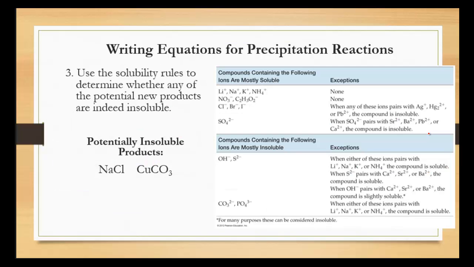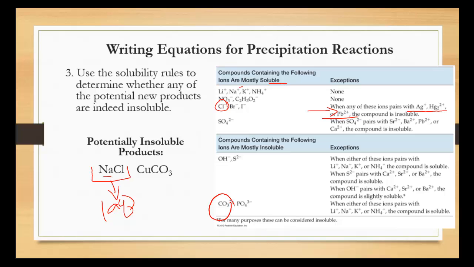So from here, we got to figure out whether these are going to form a solid or an aqueous solution. NaCl. Cl is right here. It says it's mostly soluble unless it's paired with silver, mercury, or lead. Well, here it's paired with sodium, so this is going to be AQ. Copper 2 carbonate. Carbonate's right there.